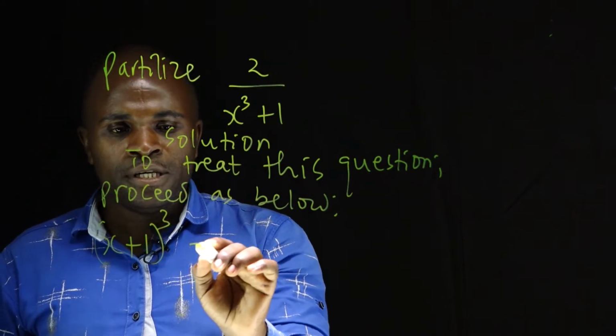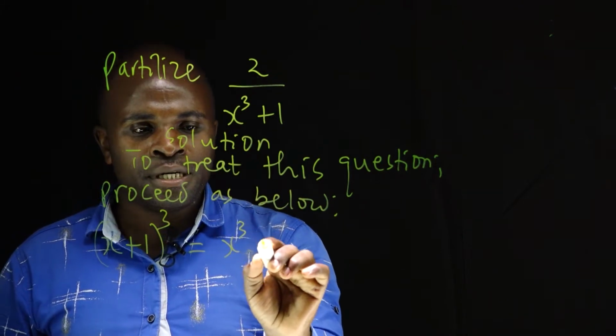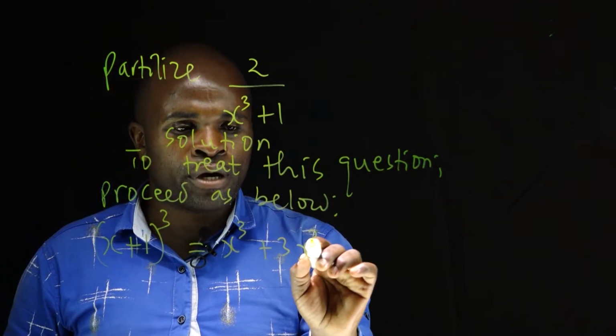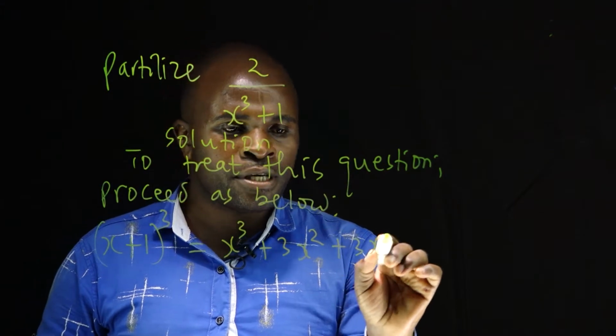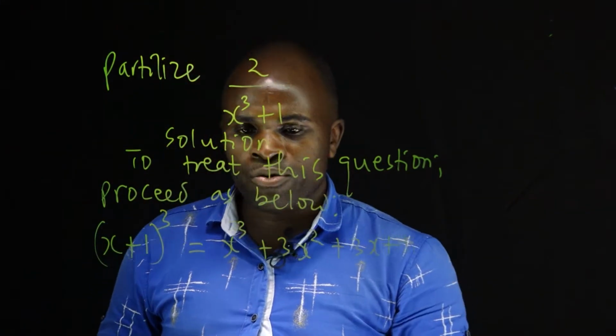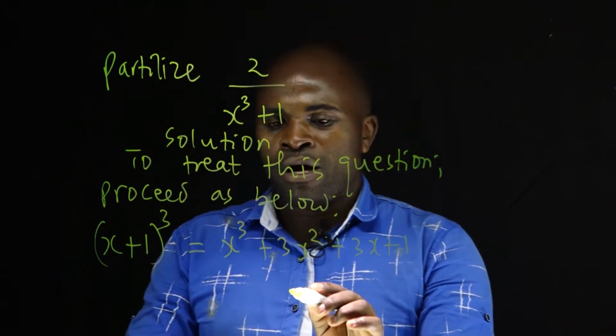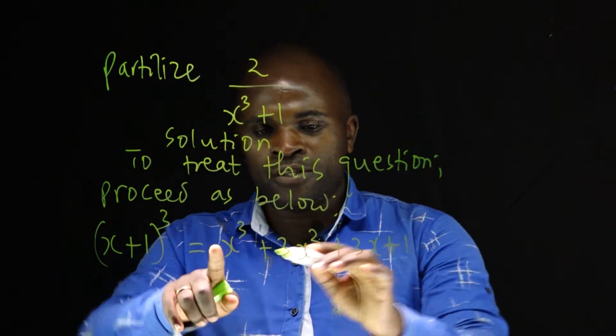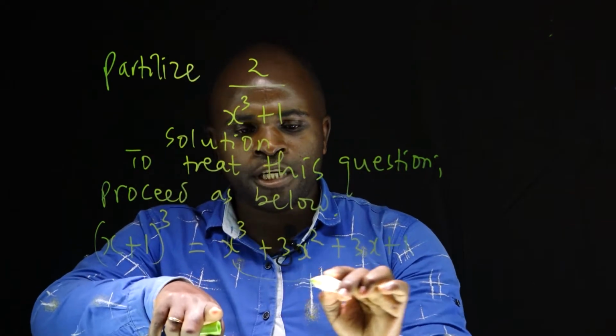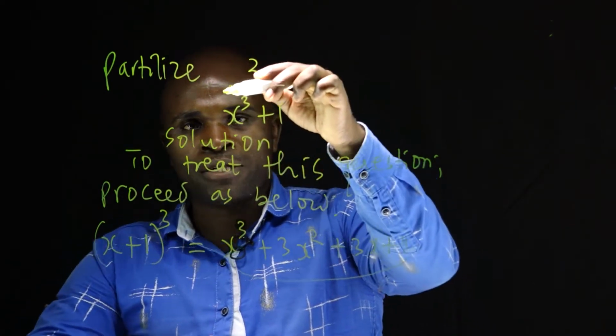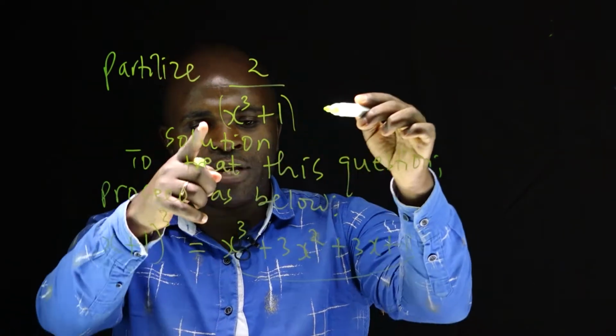Expanding this is giving us x power 3 plus 3x squared plus 3x plus 1. Now we are in the position where we can be transposing x power 3 and 1. These ones are x power 3 and 1. They are the part of the question which is given here.